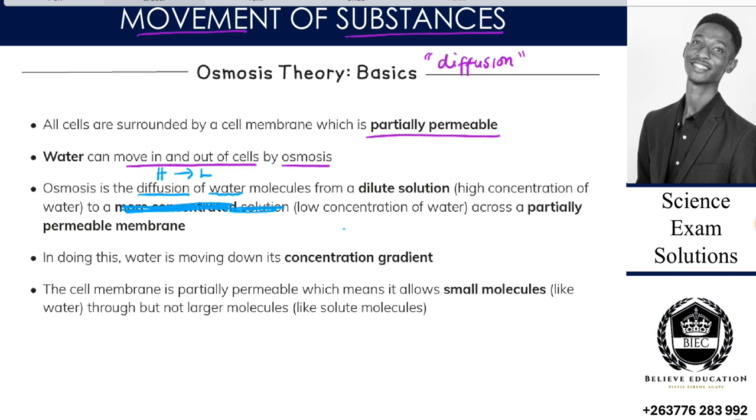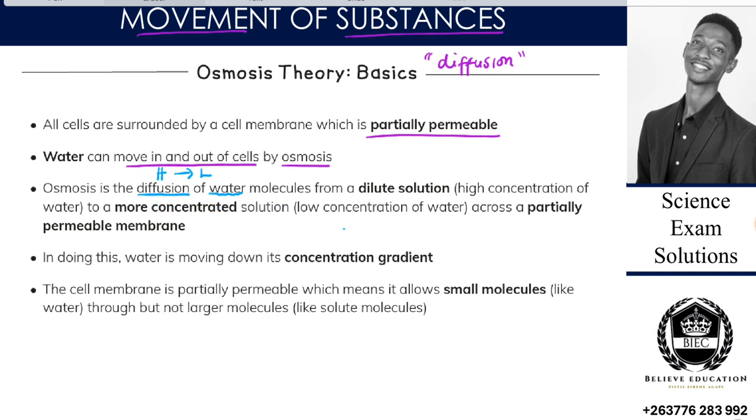Let's say for example you drink a juice that is diluted with water. So the water concentration will be high in a dilute what? Solution. Then to a more concentrated solution.